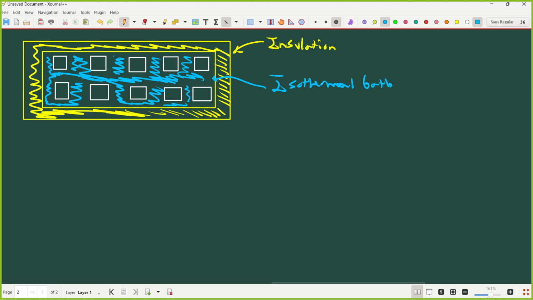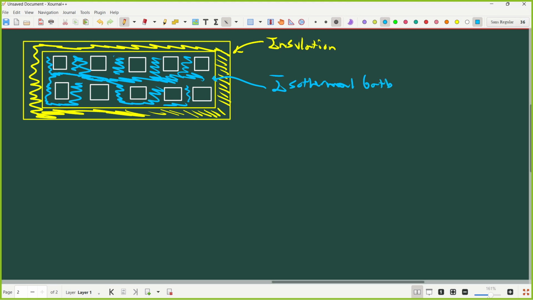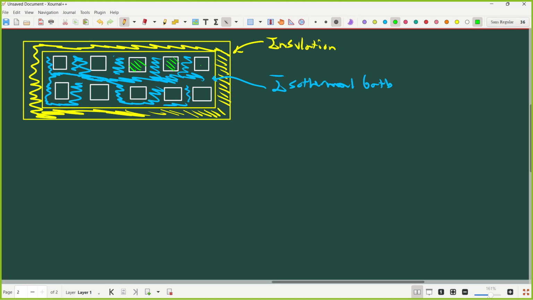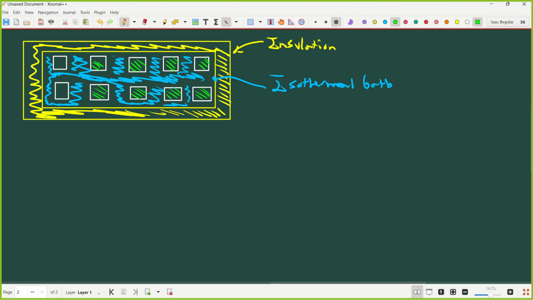It's fixed to some temperature. Energy inside each of these boxes is allowed to transfer. I'm just going to color them in to make it pretty.